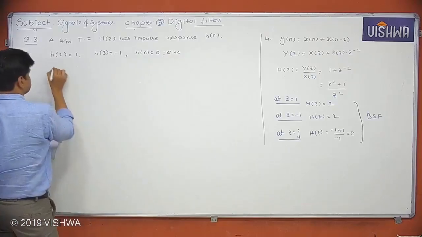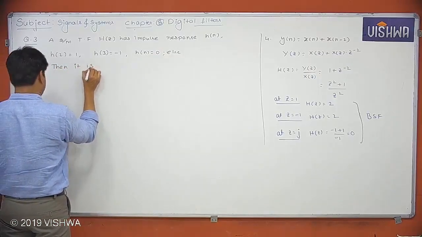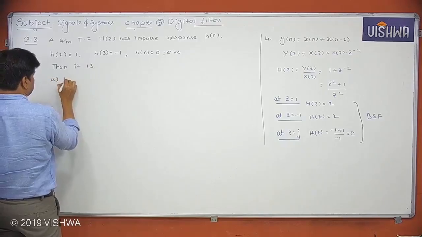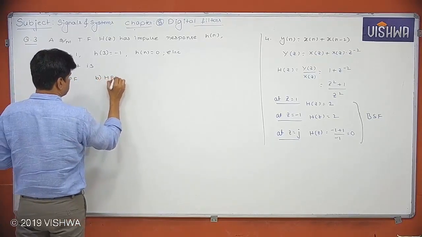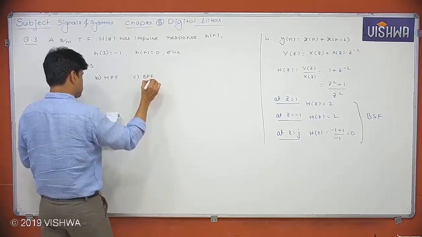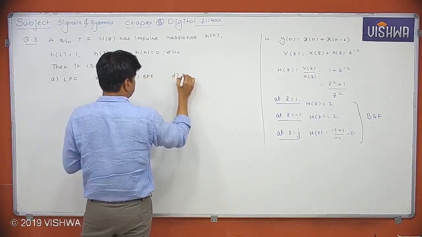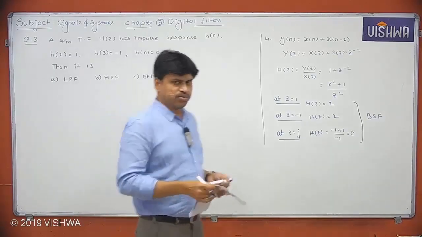Then it is: option A, low pass filter; option B, high pass filter; option C, band pass filter; option D, band stop filter.